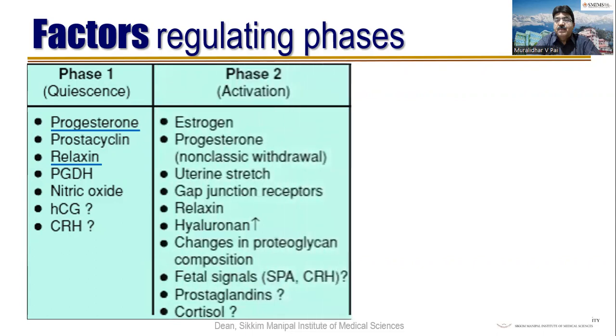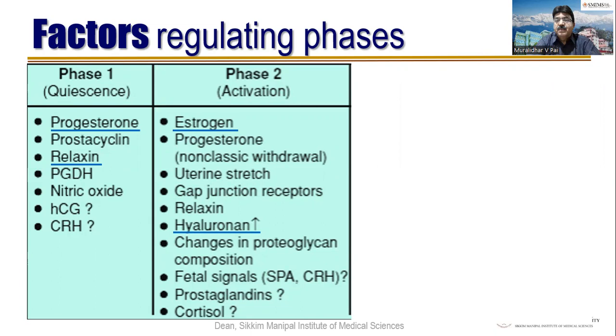Phase 2 is a phase of activation where the cervix starts ripening, and it is almost like a pre-labor phase. The hormones that majorly influence or regulate this phase are estrogen and hyaluronin. Hyaluronin actually helps in the breaking down of the collagen fibers and then makes the cervix softer.